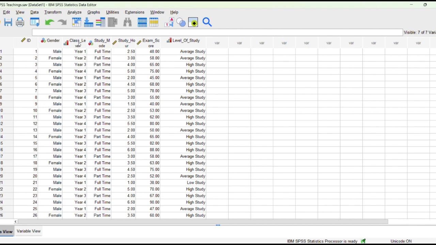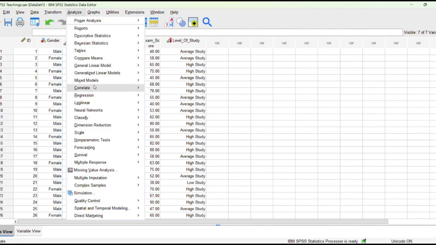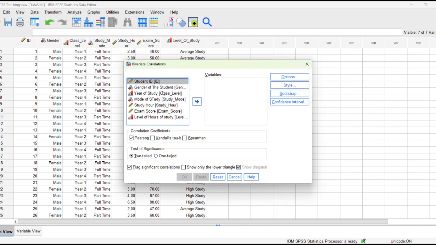So to run a Spearman correlation in SPSS, just go to Analyze, go to Correlate, click on Bivariate, that is two variables. Then a dialog box will open like this. Then you move the variables you want to run the Spearman correlation for, which is the year of study, in terms of the class level, and then the level of study in terms of the number of hours put in study.